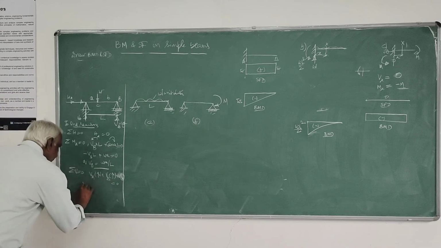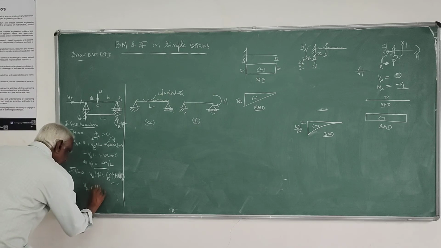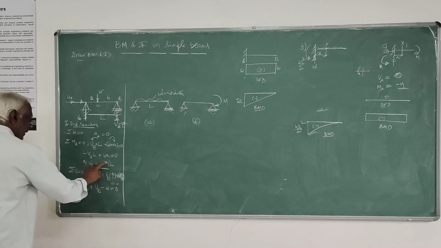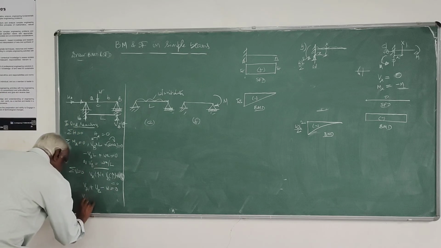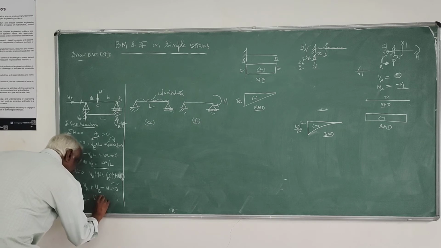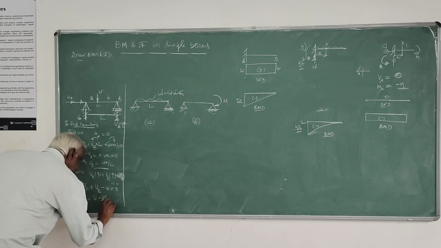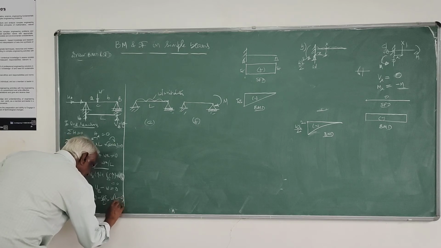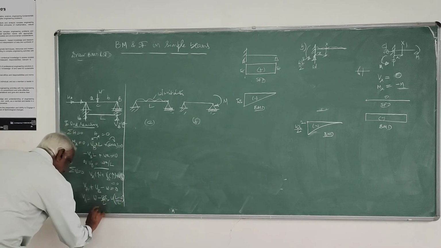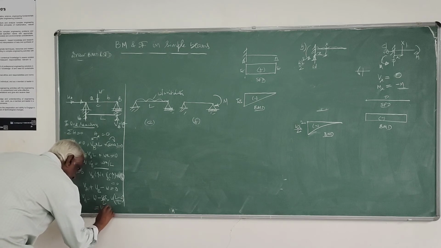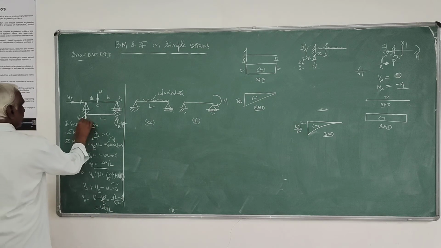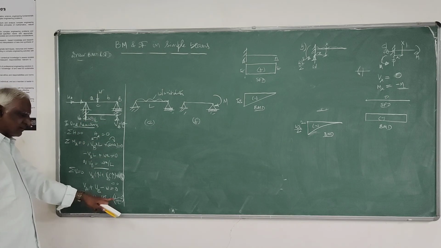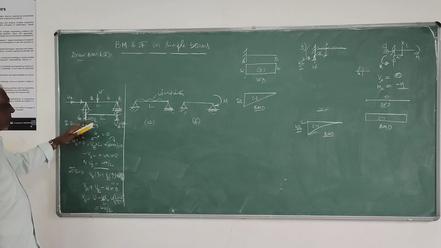Now you attach signs: upwards positive, so VA positive, VB positive, and W negative, equals 0. So VA equals W minus Wa by L, or W into 1 minus a by L, which is W into (L minus a) by L. This L minus a is nothing but b, so VA is Wb by L.